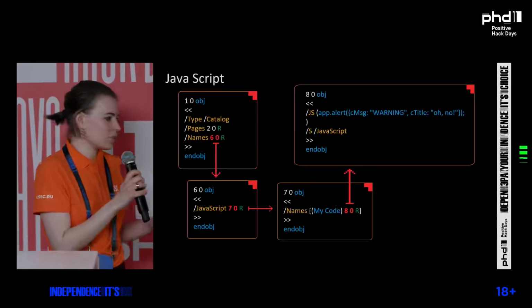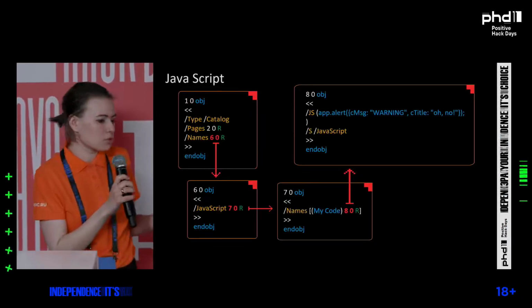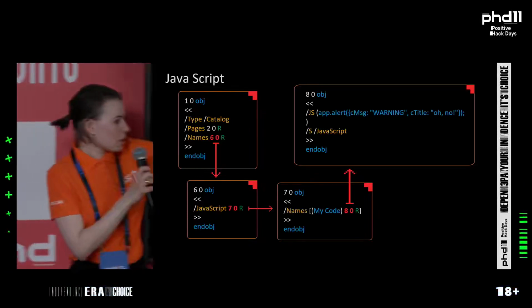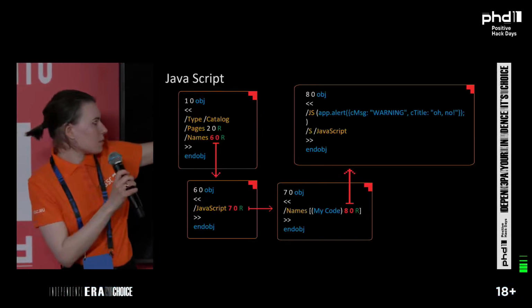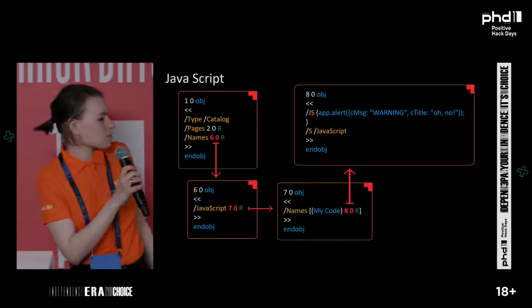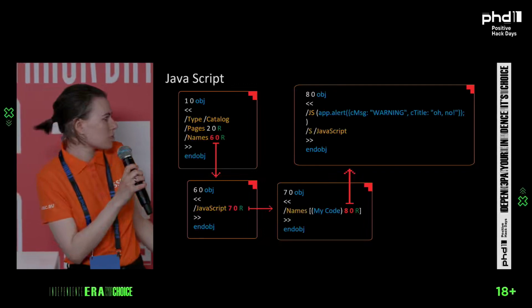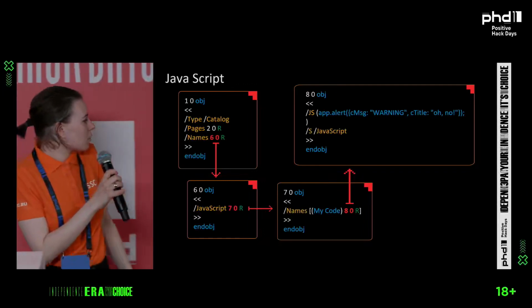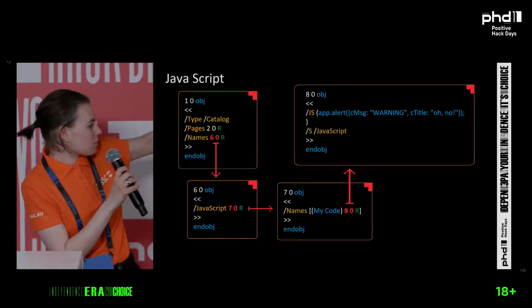In Adobe Reader, JavaScript can be added anywhere. That's added anywhere where an action is conducted. This is what it looks like: the type of action, JavaScript, and with JavaScript we add a very simple alert script, like we've all seen it here.